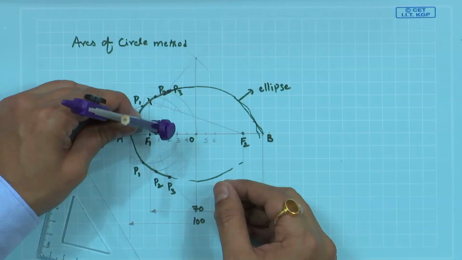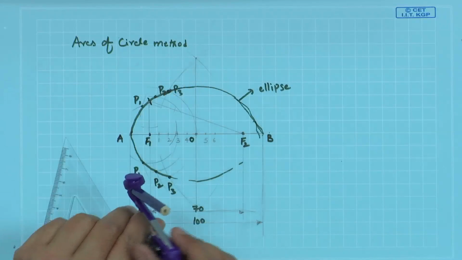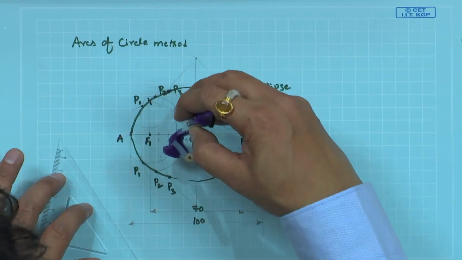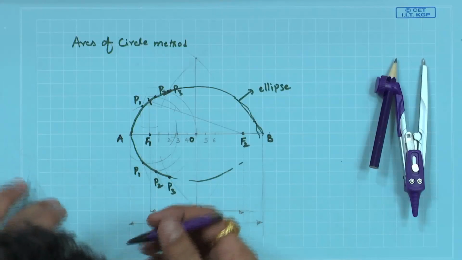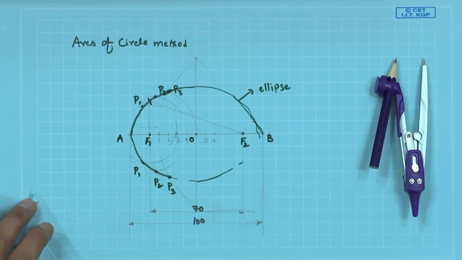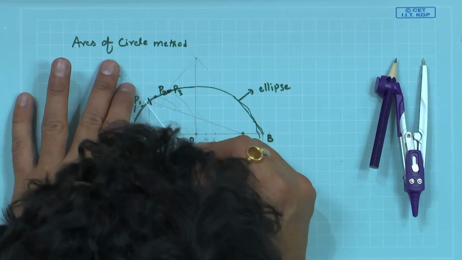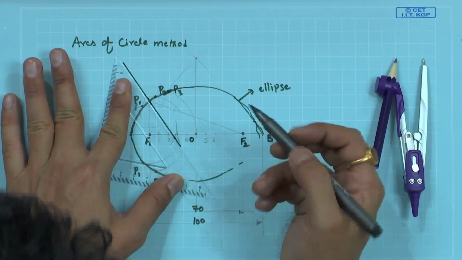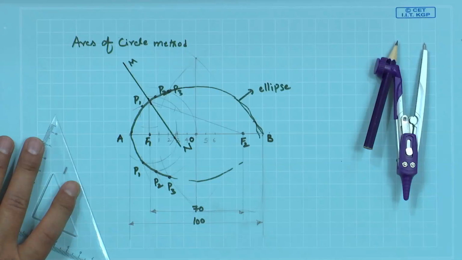Now, use this intersection point with the same radius, intersect this curve, locate this point and join this point with this one. This will be the normal MN, and the tangent will always be perpendicular to that.